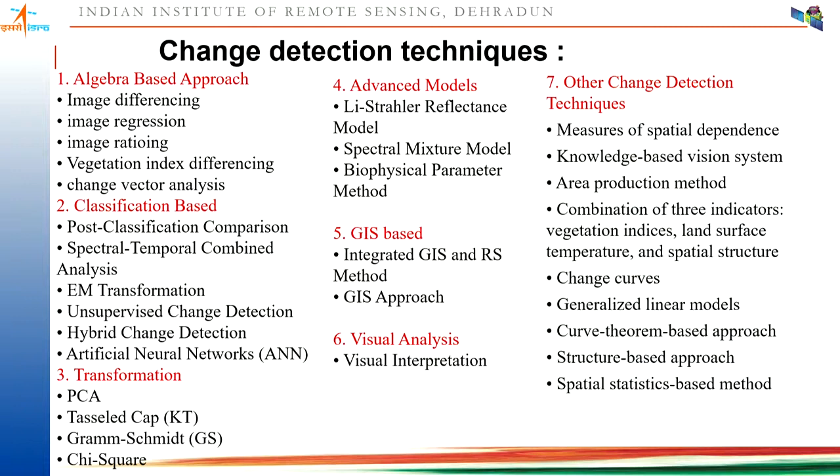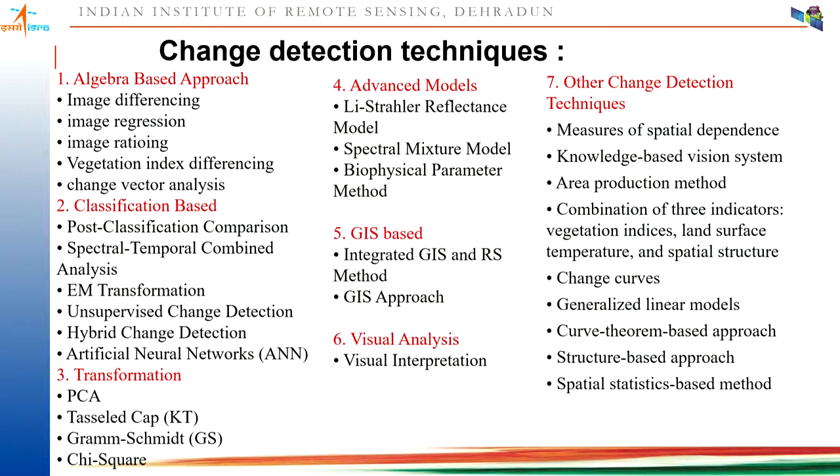In classification based approaches, you can also have spectral temporal combined analysis. That means how the spectral values are changing in the time domain, so that also can be used. You can have unsupervised change detection methods, hybrid change detection methods. We can also perform change detection using artificial neural networks.